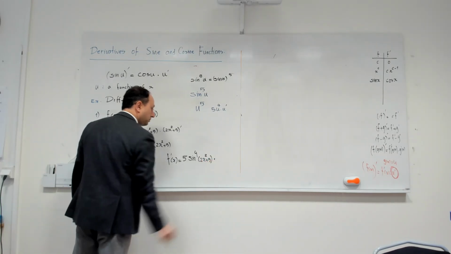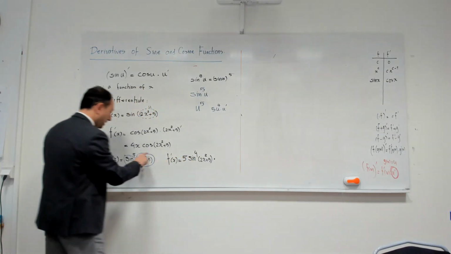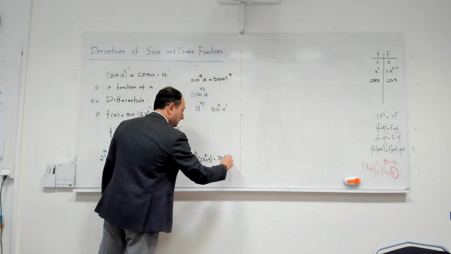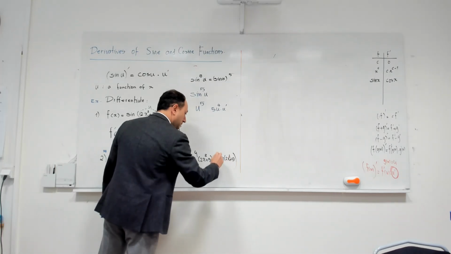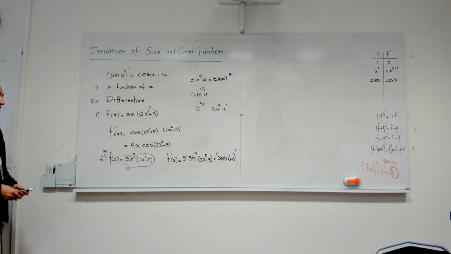But multiplied by what? Multiplied by u prime. But this was my u. So it becomes sine 2x squared plus 5 totally prime. But then you see that this is exactly the meaning of the chain rule, yes?